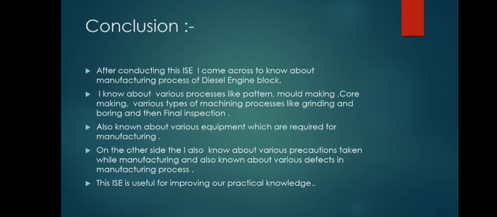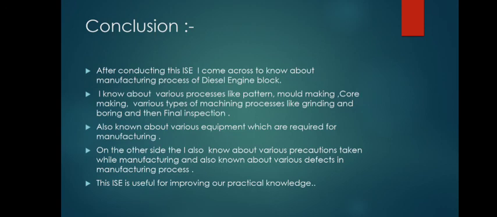Here is the conclusion of this ISC. After conducting this ISC, I came to know about the manufacturing processes of diesel engine block. I know about various processes like pattern making, mold making, core making, and types of machining processes like grinding, boring, and the final inspection also.